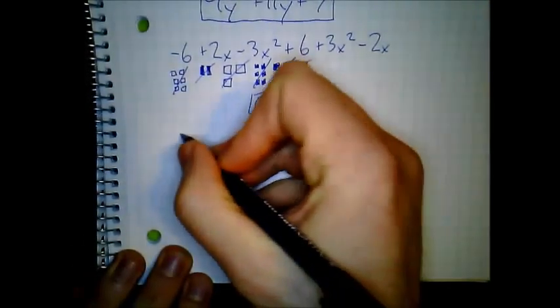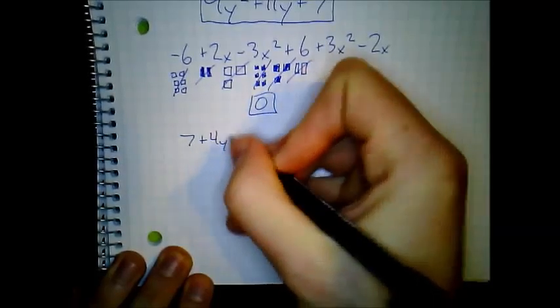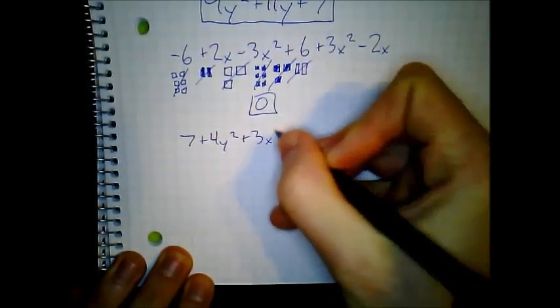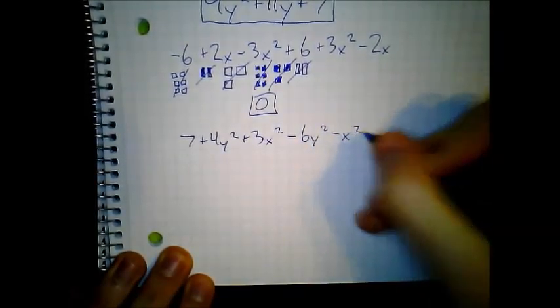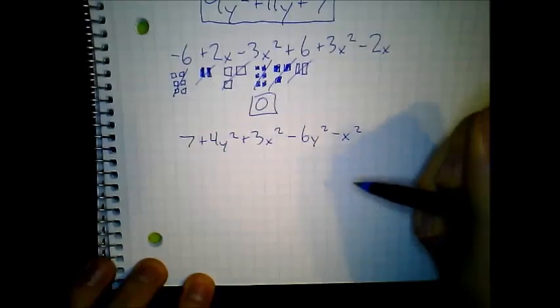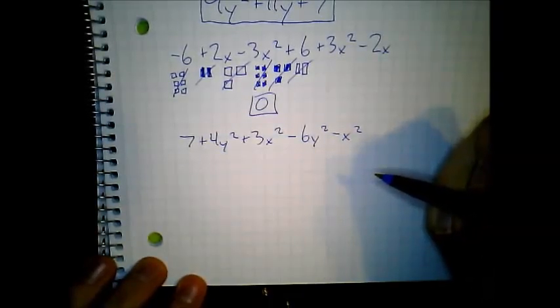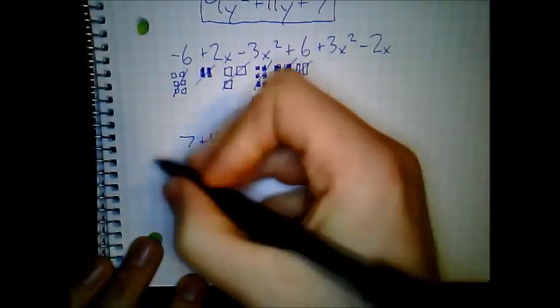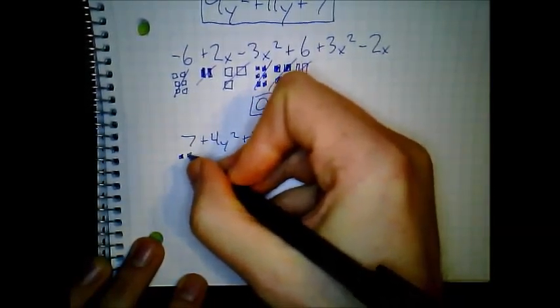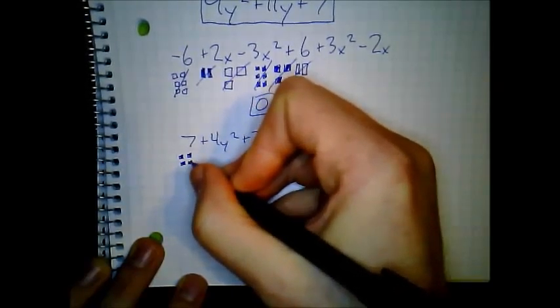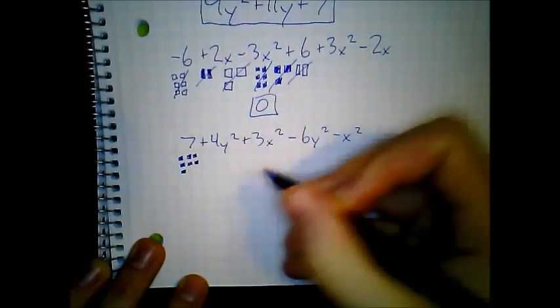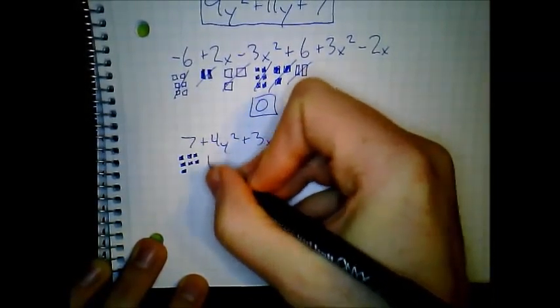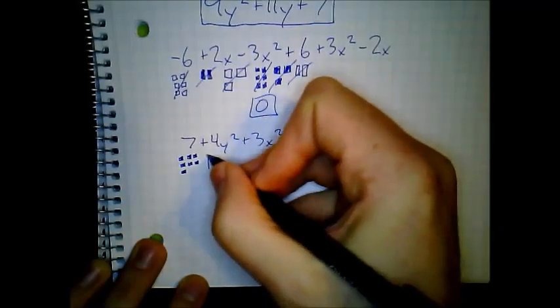Okay, this example. 7 plus 4y squared plus 3x squared minus 6y squared minus x squared. Again, press pause, try this one on your own, then press play to check your work. So we're going to start by drawing 7 positive unit tiles. Positive 4 y squared tiles. Now we see we have y squared and x squared tiles, so we've got to be really neat when we draw.